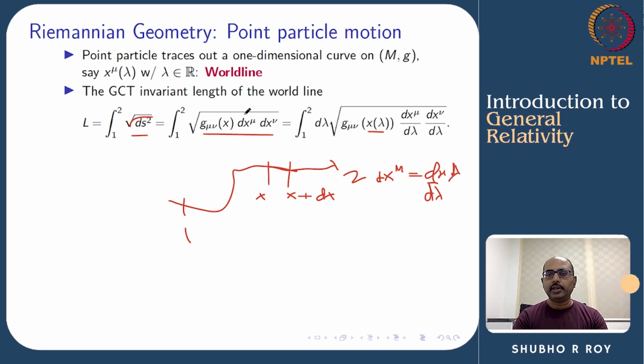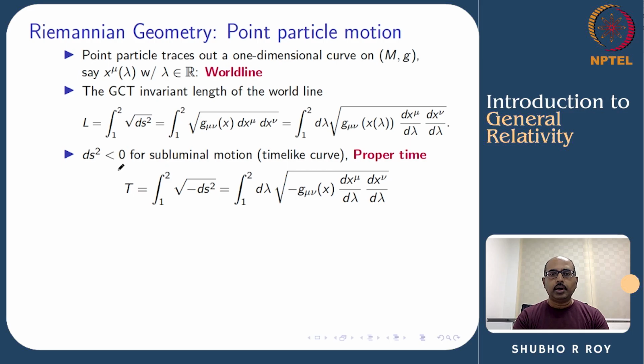So there'll be a dλ for this one, and there'll be a dλ for this one, which is a squared quantity, and then comes out of the square root. And instead here, inside the square root, you have the derivatives. Okay? So this is how it looks if the parameterization of the curve or the world line is given to you.